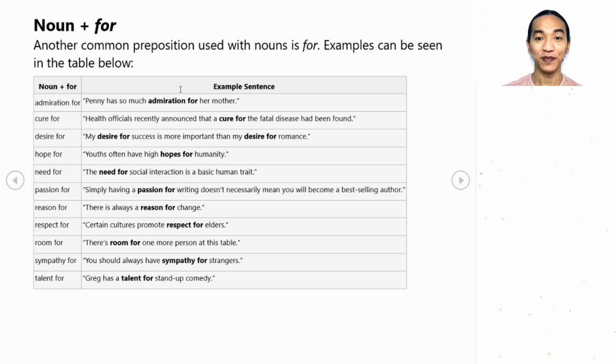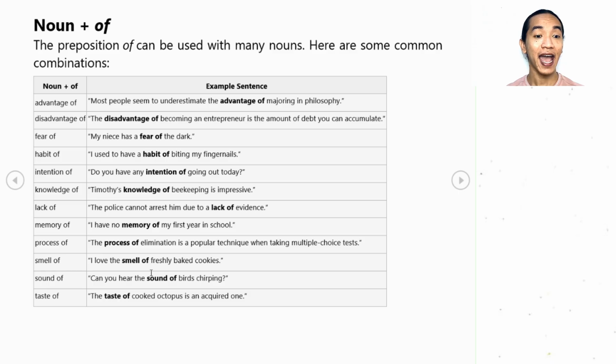All right. So for the next one, besides noun plus for, we also have noun plus of. Example, advantage of. Okay. Disadvantage of, fear of. My niece has a fear of the dark. Okay, habit of. I used to have a habit of biting my fingernails.